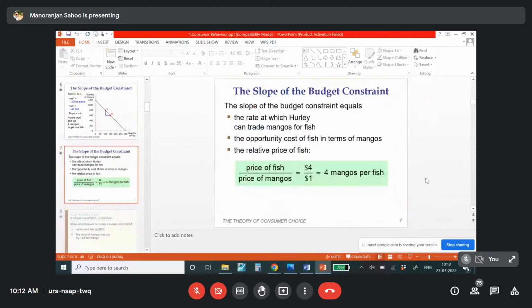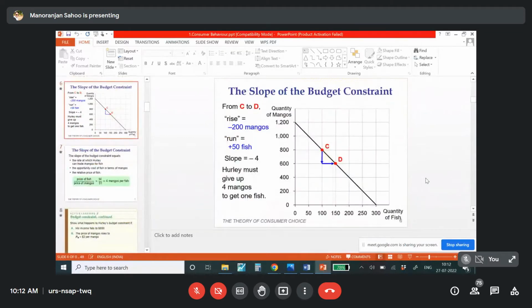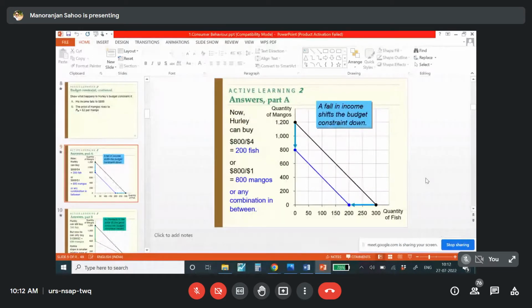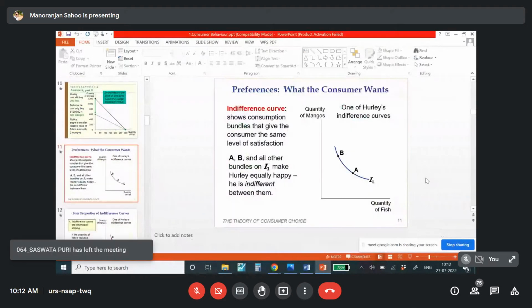We have also discussed the slope of the budget constraint. Then we discussed the indifference curve and its properties. So how do you define an indifference curve, anybody?